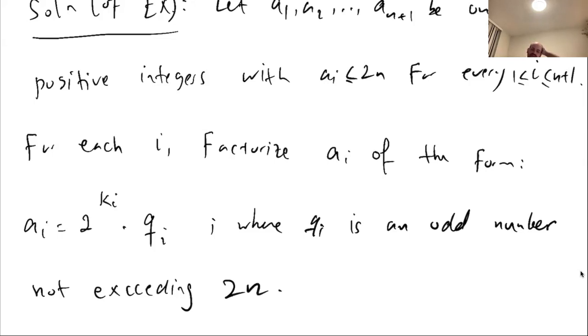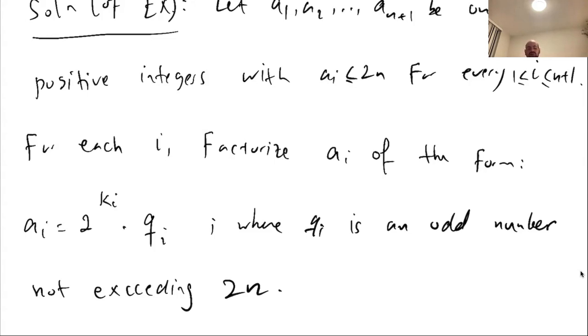Basically, for each ai, a positive integer, take all the factors of 2 out. Each number has a certain number of factors of 2. If you take all of them out, then the remaining number will be an odd number.